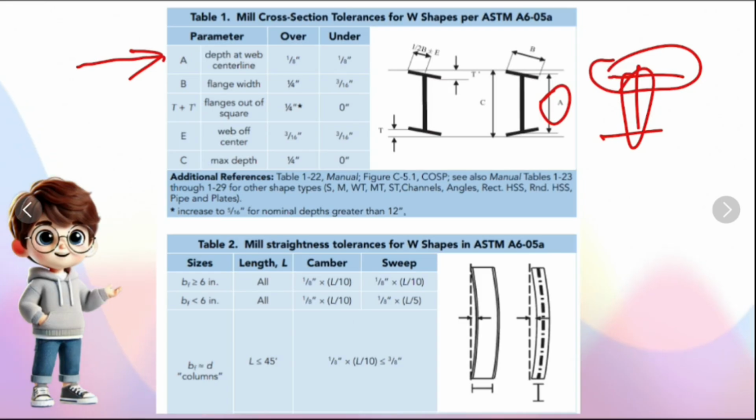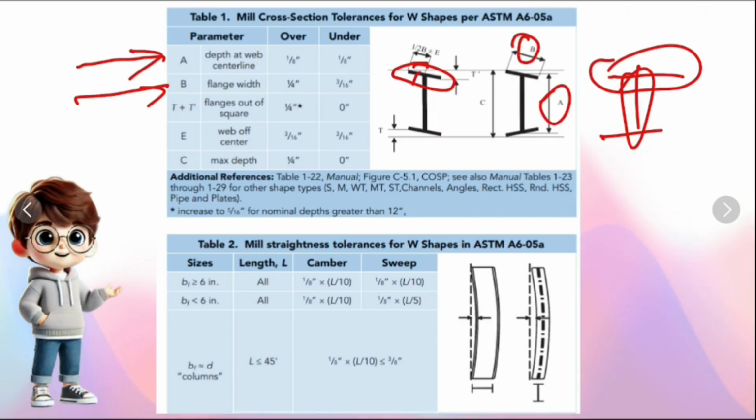So this value can increase up to +1/8 and can decrease up to -1/8. In the same way for flange widths, the flange width can increase up to 1/4 inch and can decrease up to 3/16.